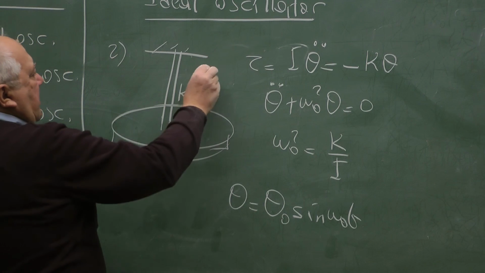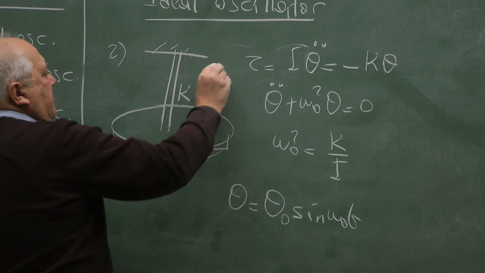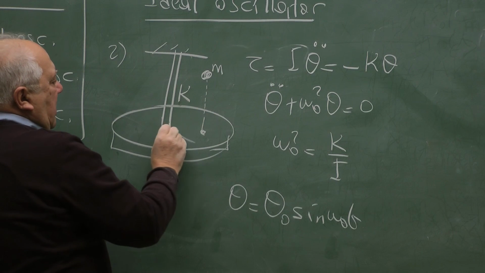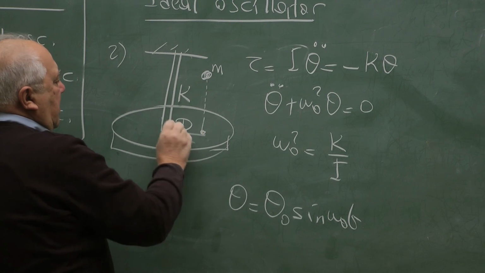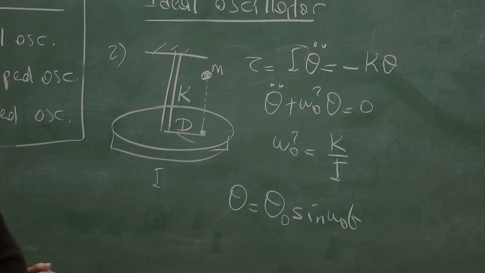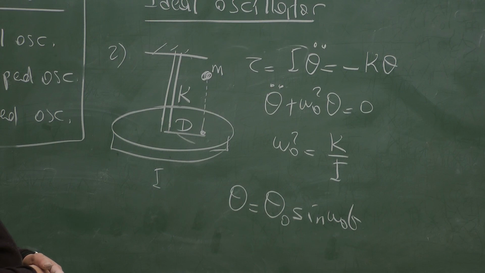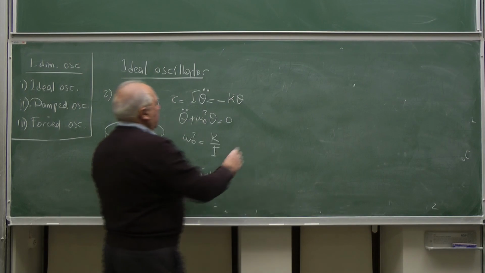And then suppose there is a mass m which we drop onto this disk and it hits the disk d away from the torsion bar, and the question is what is the next amplitude?